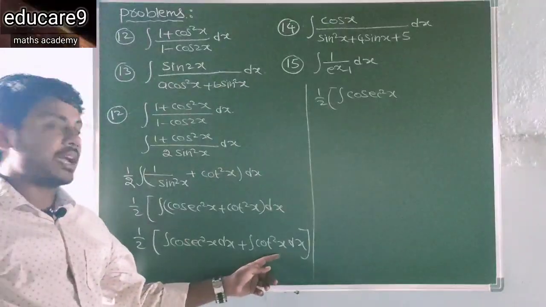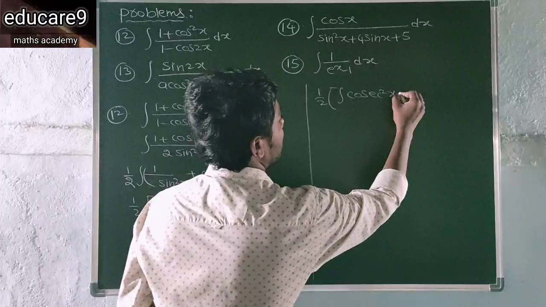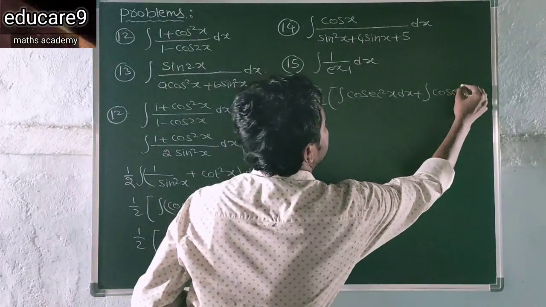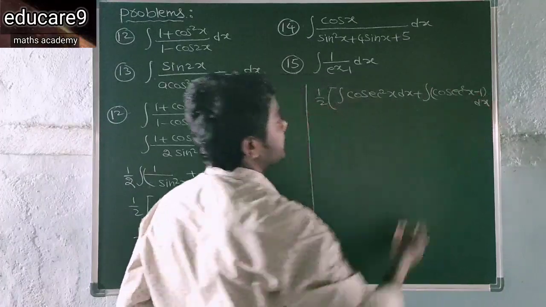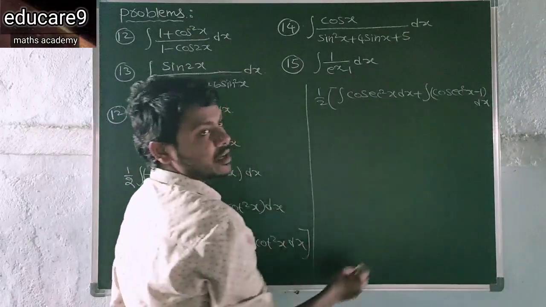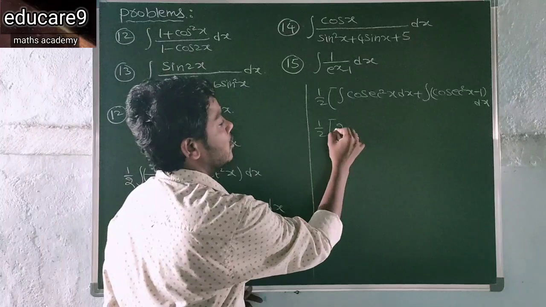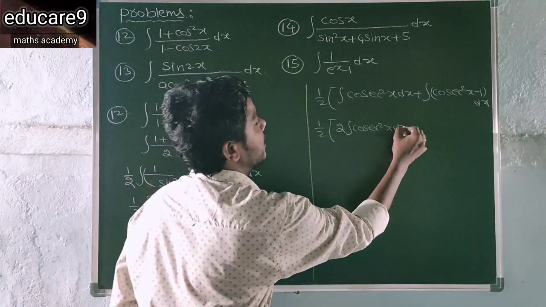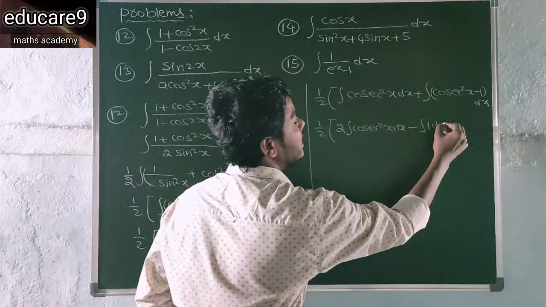So cot square x, write as cosec square x minus 1 dx, plus integration of cosec square x minus 1 dx. Now here, integration of cosec square x, cosec square x. So that is 1 by 2 times 2 integration of cosec square x dx minus integration of 1 dx.